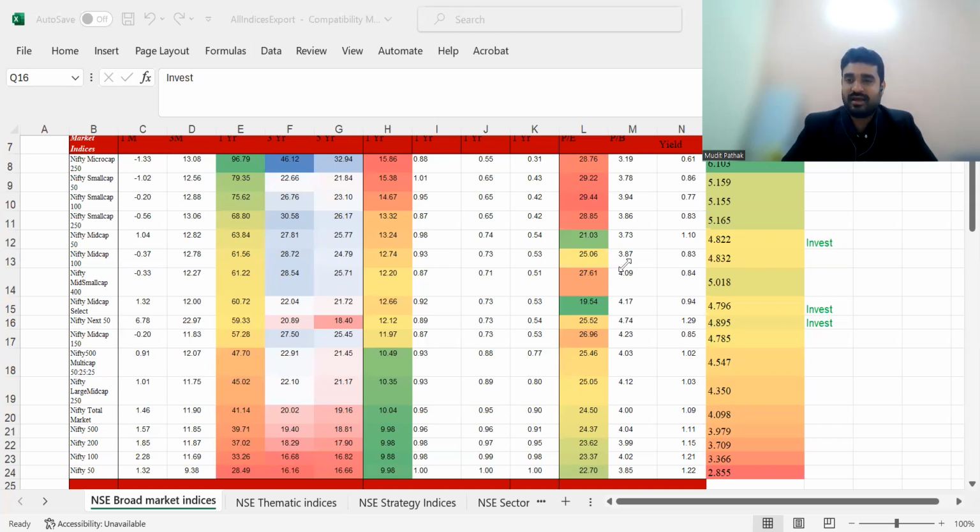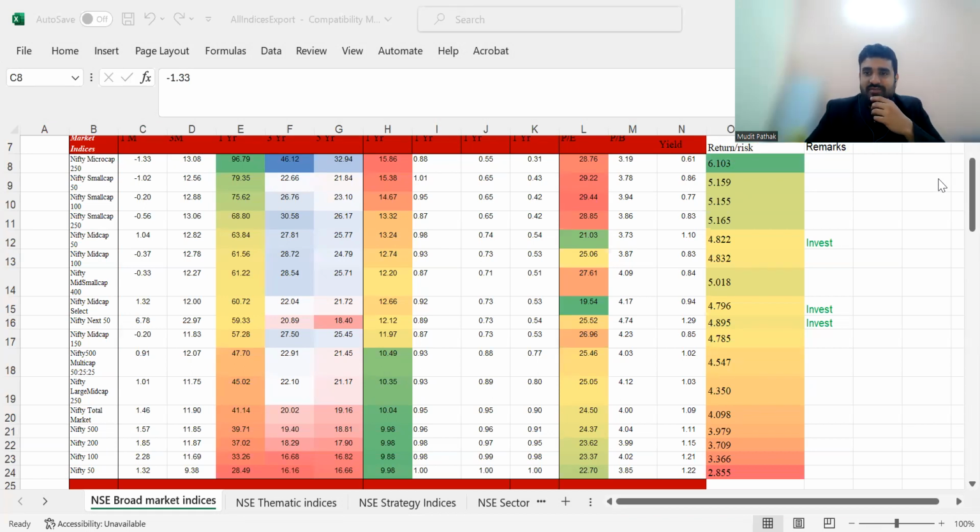Okay, just give me 1 second. So these are the Nifty indices, the major indices which Nifty prepares. And what is an index? A certain selection of stocks, and indices can be based on different parameters.